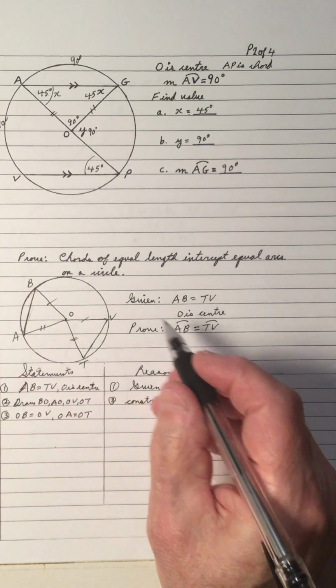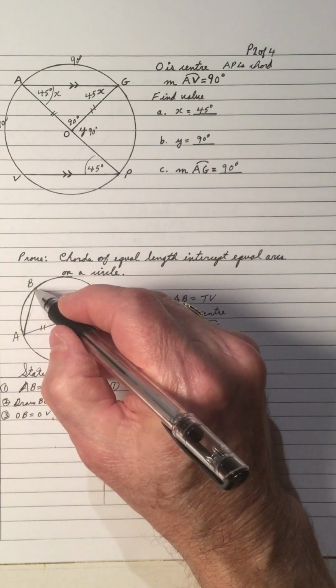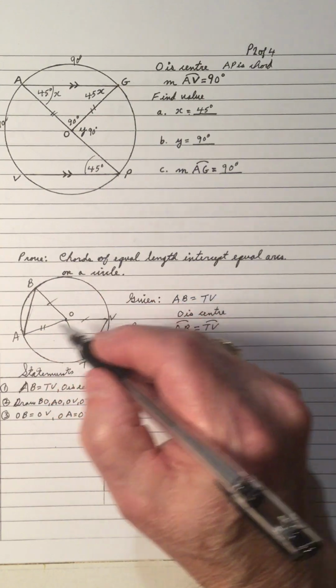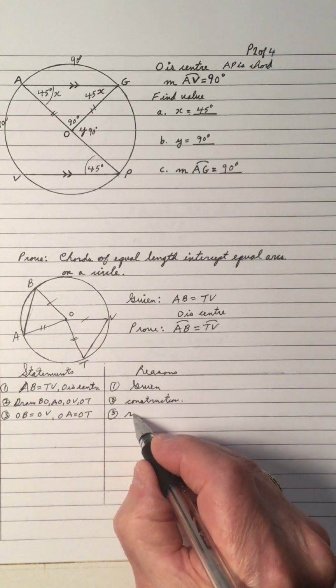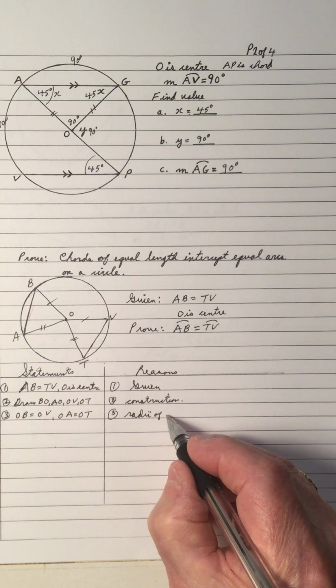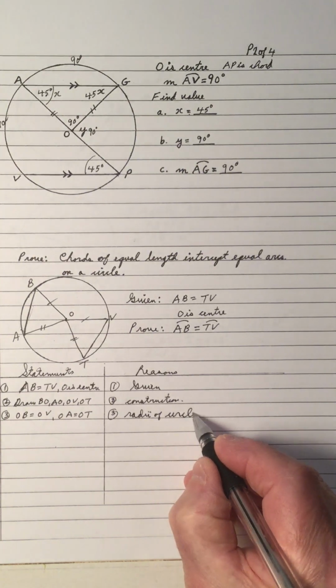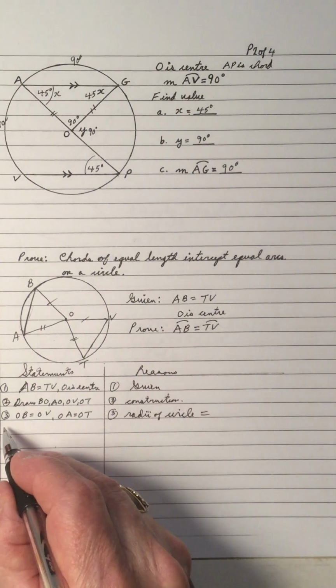Remember, they're all equal, but what I'm doing, I'm saying that this chord goes with this, so I'm going to have B going with V and A going with T. So these are radii of circle are equal. Radii of a circle are equal.